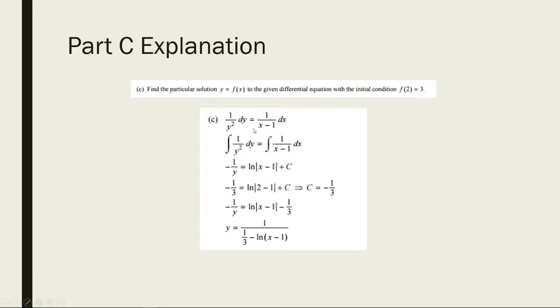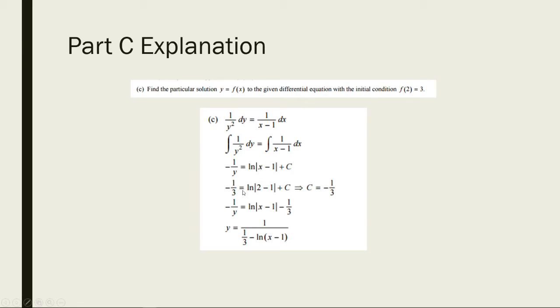The first step is you want to divide by y squared and multiply by dx so that you get the y's with the dy's and the x's with the dx's. Then you can take the integral of both sides, and once you do that, you get negative 1 over y equals natural log of the absolute value of x minus 1 plus c.